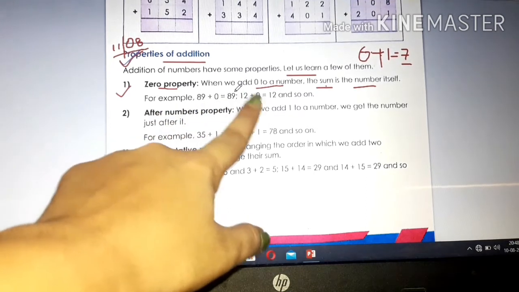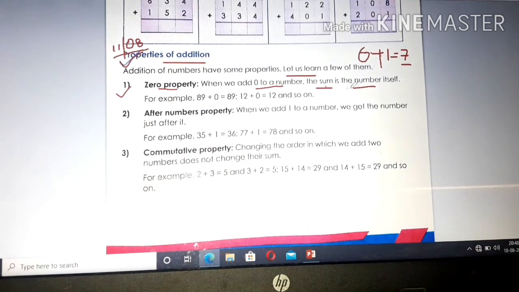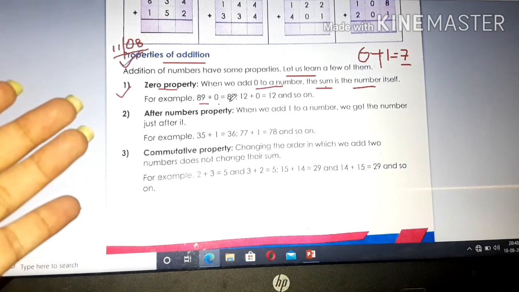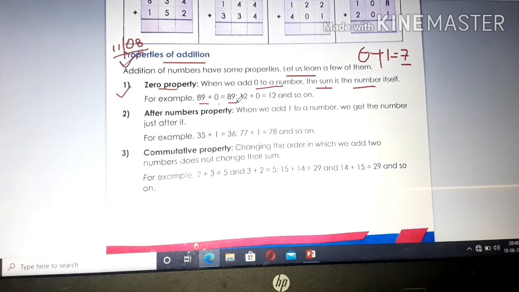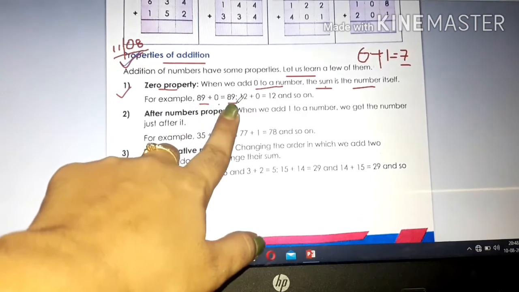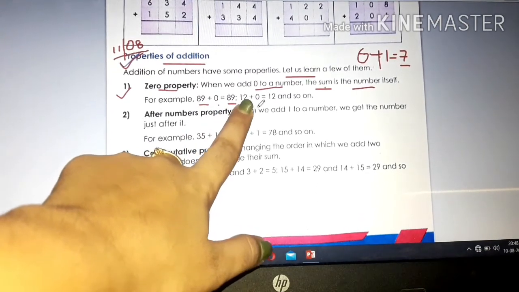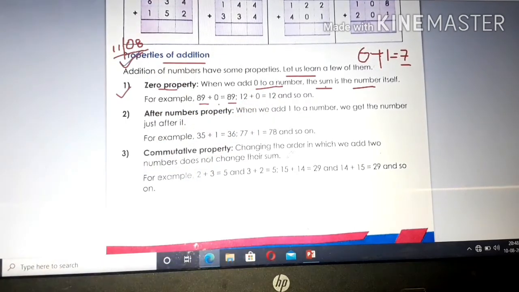So when we add 0 to a number, the sum is the number itself. Like 89 plus 0 is 89. Then 12 plus 0 is 12.